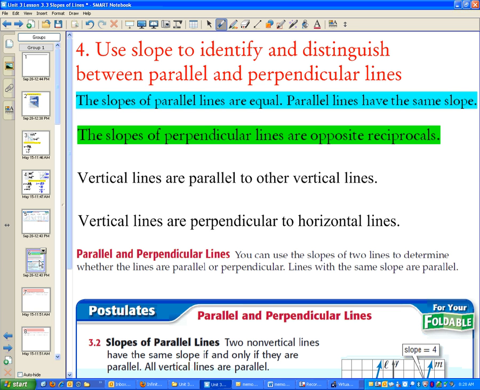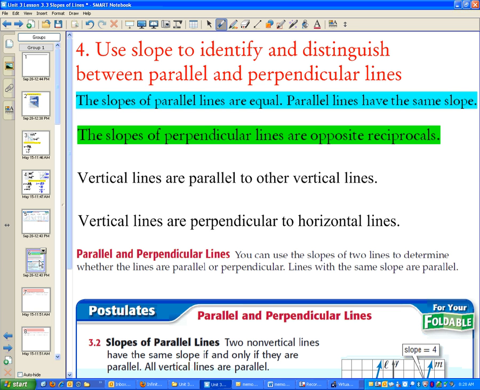They have opposite signs and they're reciprocals of each other. Okay? So that's the slopes of perpendicular lines. If I tell you that you have a pair of perpendicular lines, you conclude their slopes are opposite reciprocals. If I tell you that the slopes of two lines are opposite reciprocals, you conclude the lines are perpendicular.